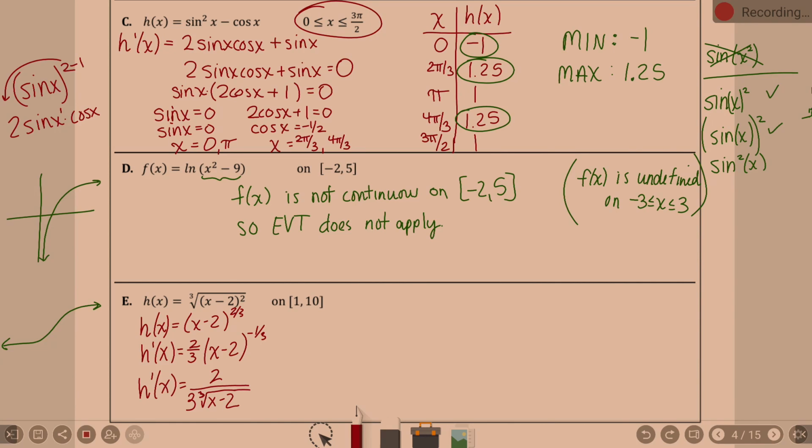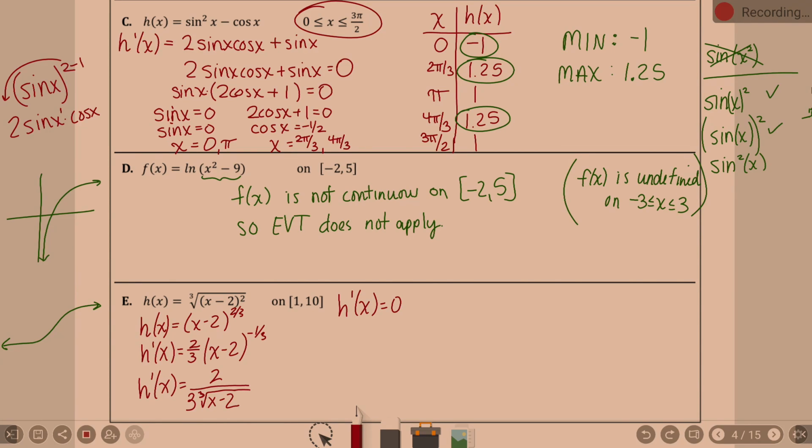Okay. Now, when we talk about this one, we're talking about setting the derivative equal to 0, which is our normal rule of thumb. What happens when we try to set our derivative equal to 0? The derivative is a fraction.